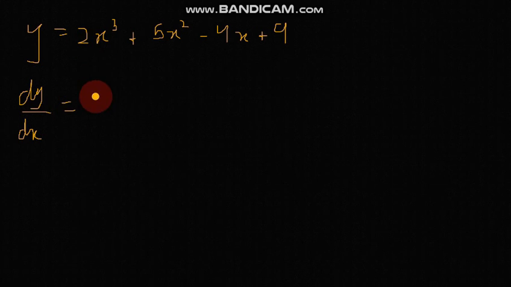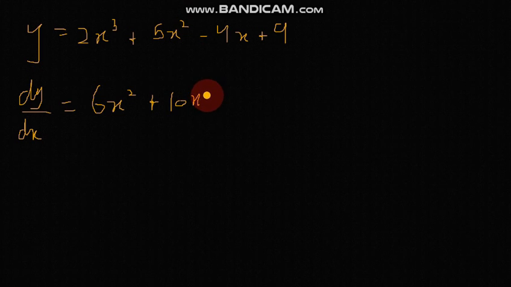So now you can pause the video and try to first solve it yourself, and then you can resume the video later on to see if you got it right. Okay, so now we know that in 2x cubed the power is 3, and when 3 is multiplied by 2, this becomes 6x, and then 3 is subtracted by 1, this becomes squared, plus when 2 is multiplied by 5, this becomes 10, and then when 2 is subtracted by 1, this becomes 1.